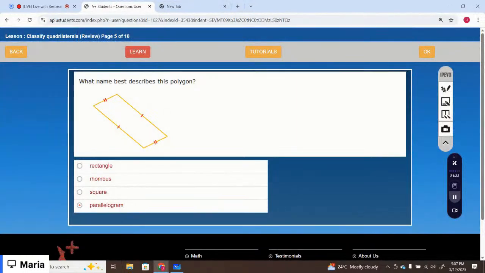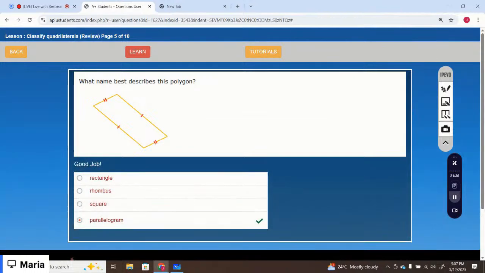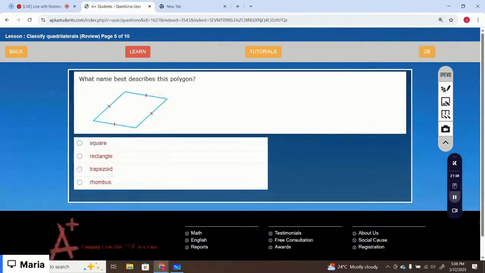That is a parallelogram because opposite sides are parallel. What name best describes this picture?